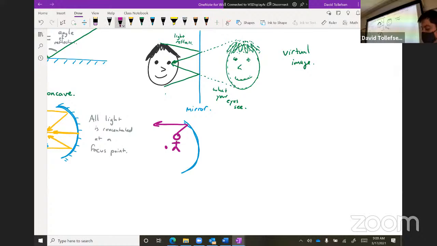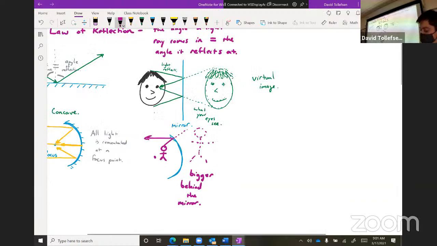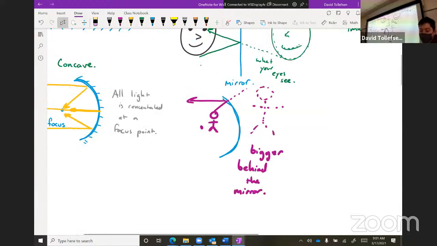Because the light is bouncing out in that way, your eyes don't see the light bouncing away. Your eye assumes that the light is going in a straight line. So it looks like you're bigger behind the mirror. What did it say? All light is concentrated at the focus point.